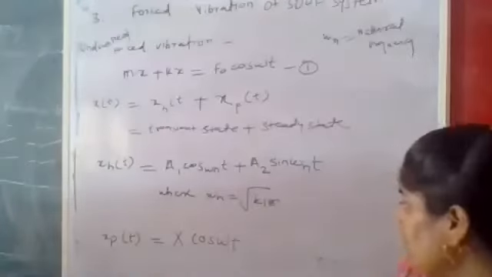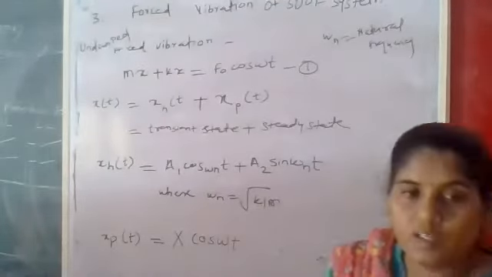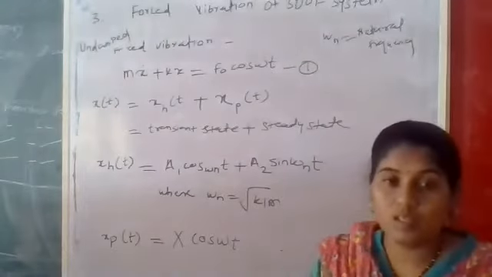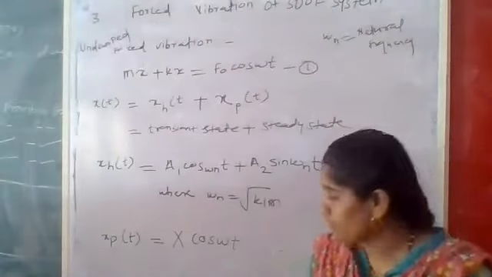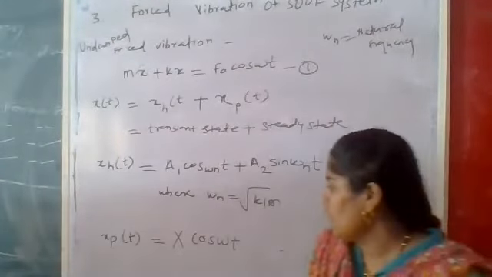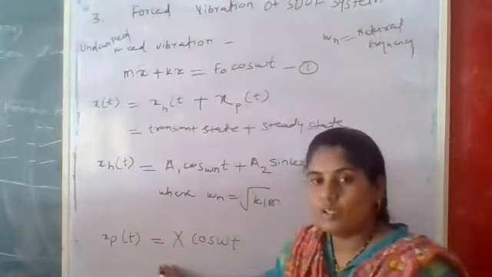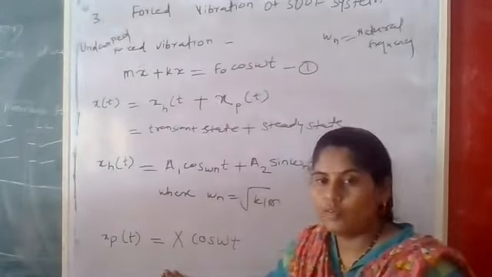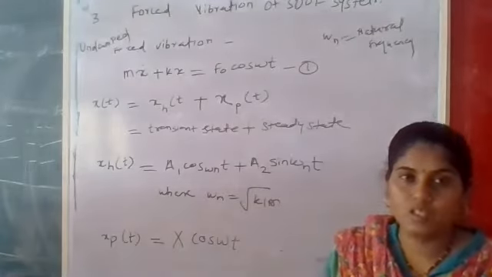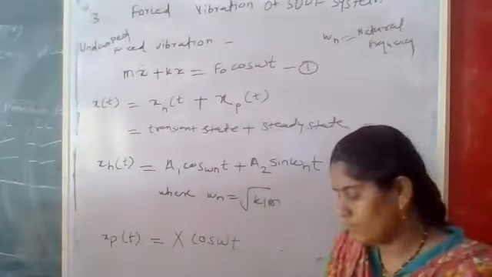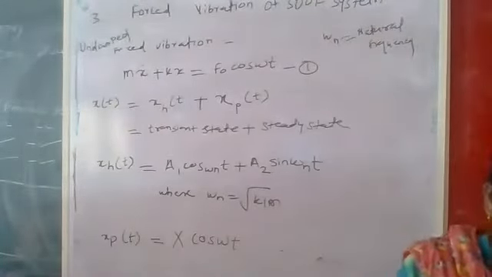Thus we can assume xp of t is equal to x into cos of omega t.